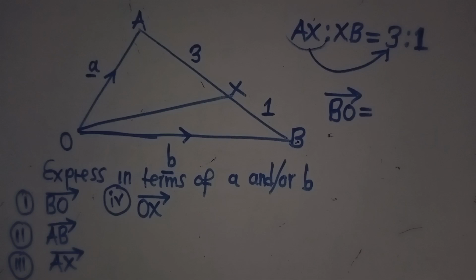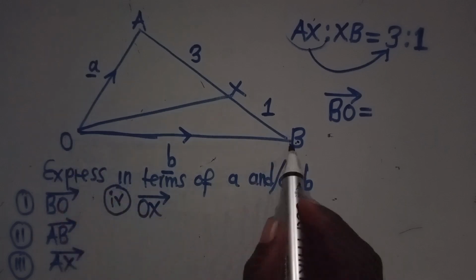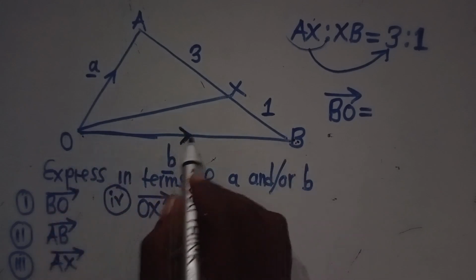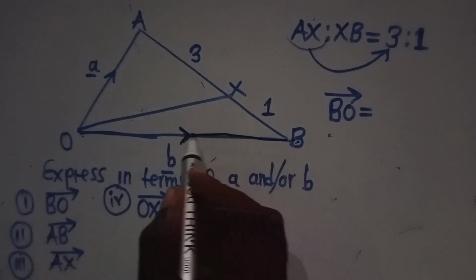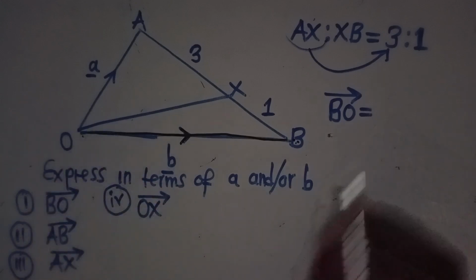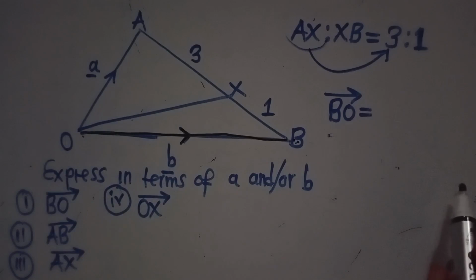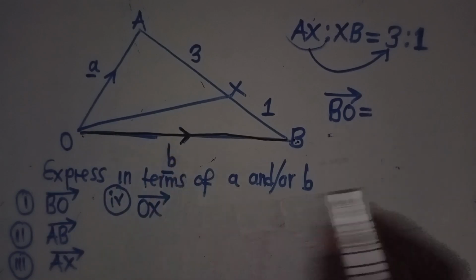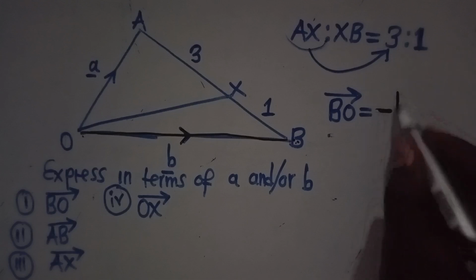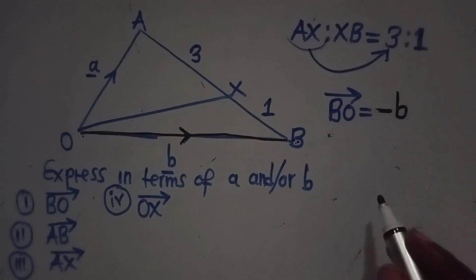I will not even move, because BO is given. It's just the opposite of this vector. Moving in a triangle way will not work, because it is given here. This is the opposite of that vector. So it is just negative b as my answer.